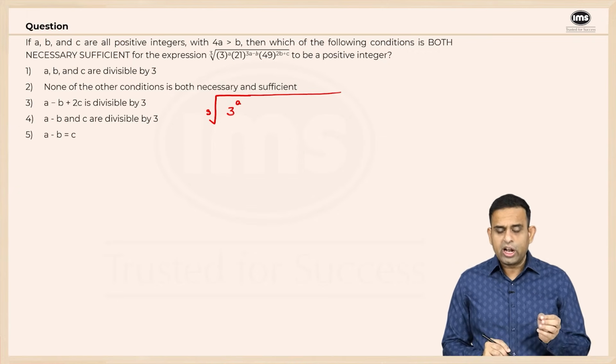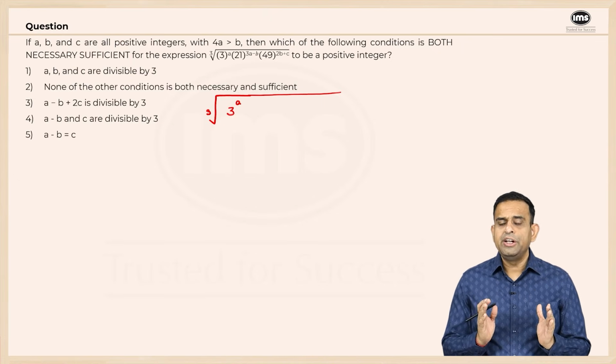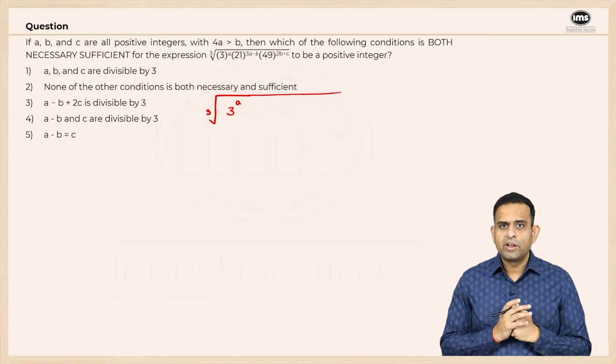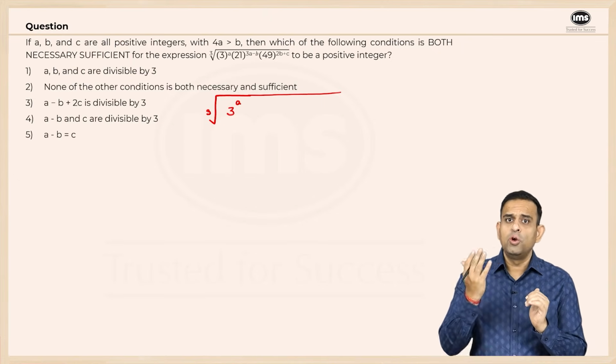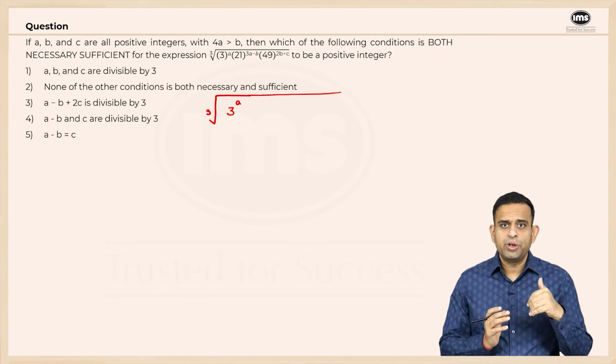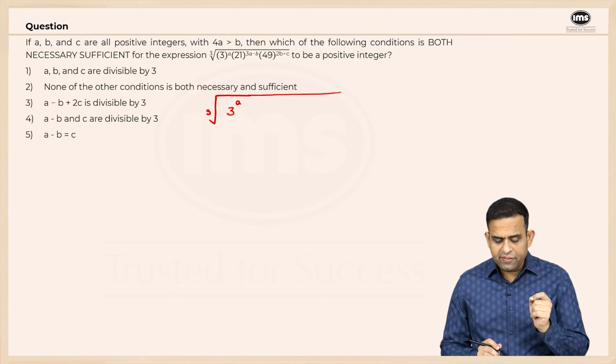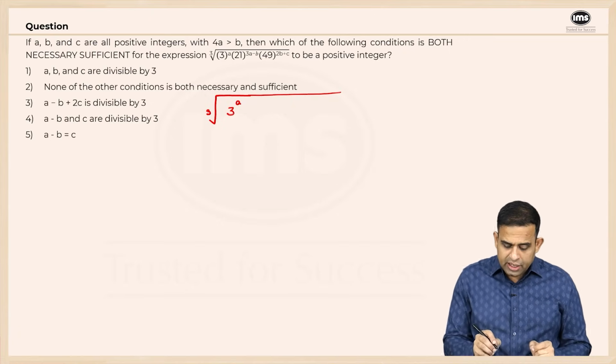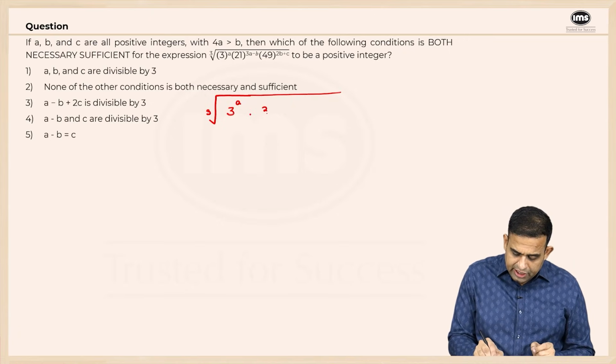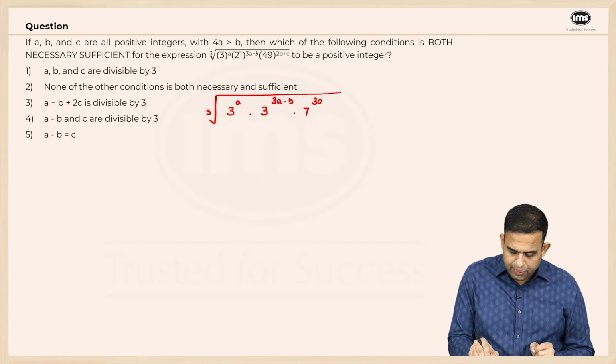Now the number 21, I can split as 3 into 7. And suppose I look at the property (a into b) whole power n, that will be equal to a power n times b power n. So over here the number 21 raised to 3a minus b, I can write as 3 power 3a minus b into 7 raised to 3a minus b.